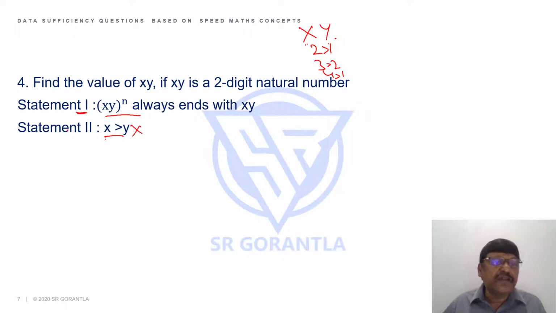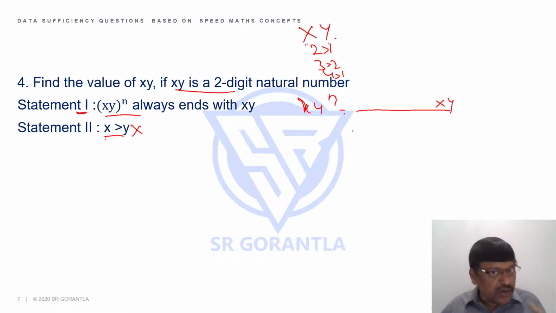Can I answer from the first statement, please? xy whole power n, where xy is a 2-digit natural number, is ending with xy. In the special kind of results of squares and cubes, we talked about it. There are two 2-digit numbers that always end with the same 2 digits.